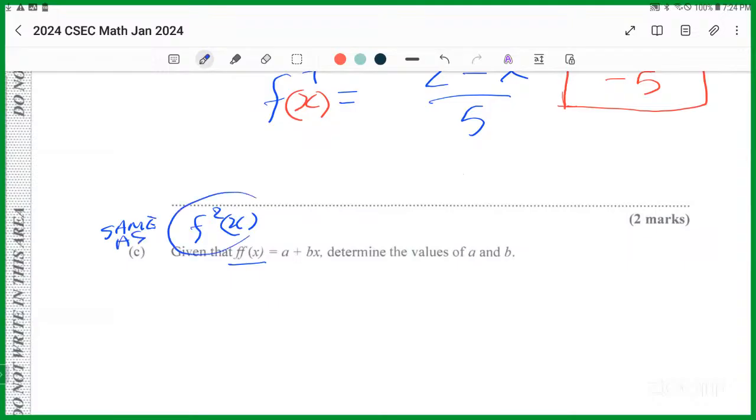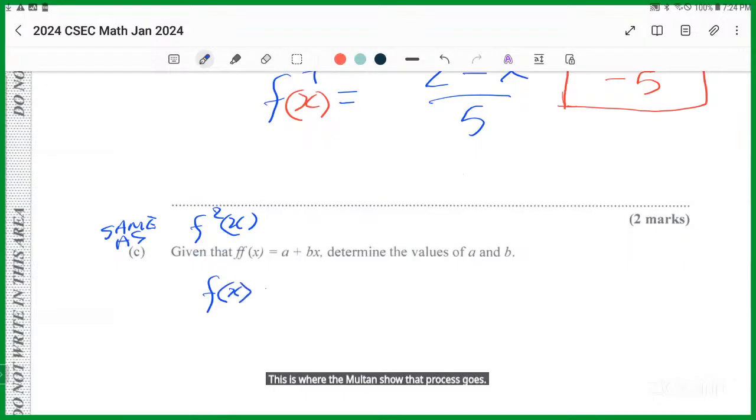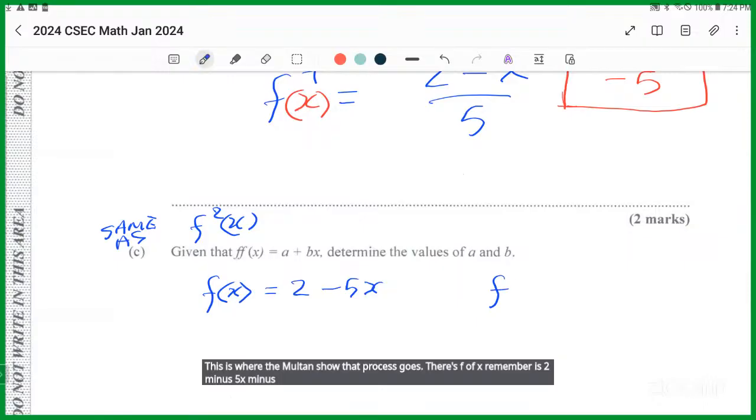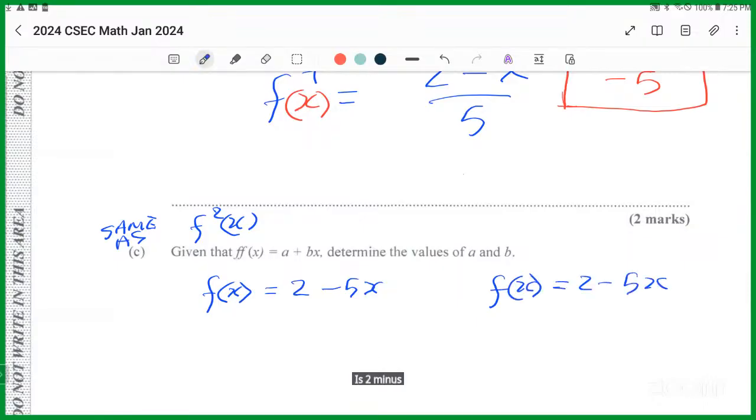So if they give you f squared, it means f of f, which means f into itself. Let's just write them out and show how the process goes. So f of x, remember, is 2 minus 5x, and f of x is 2 minus 5x. This means you're putting f into itself.